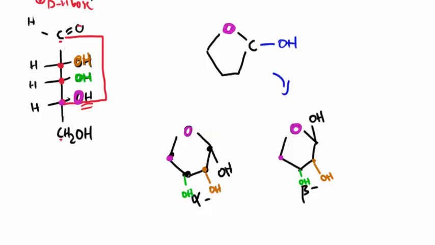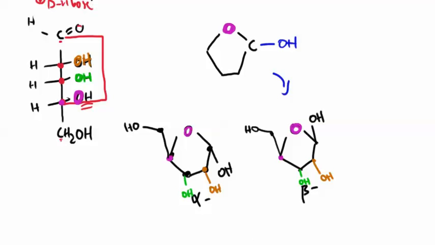And just like before, off of this 4th carbon, there's our 5th carbon with the OH group, and here's our 5th carbon with the OH group. So there's the transformation from the Fischer projection to the Haworth projection using a 5-membered ring instead of a 6-membered ring. So that's as easy as it gets. That's really all that we're after.